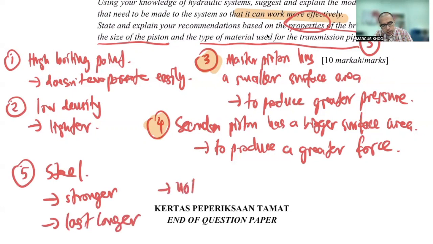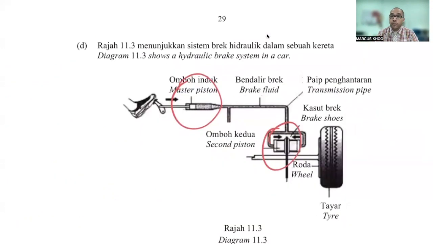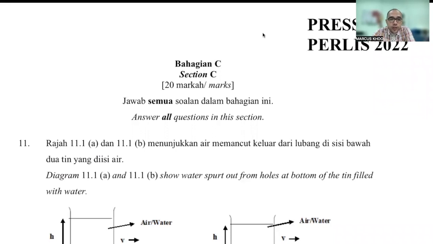Not easy to break, can withstand high pressure, somewhere along those lines. These are very standard answers for a hydraulic brake system. It's a pretty easy question if you know your Pascal's principle well enough. Okay, let's move on to the next question.